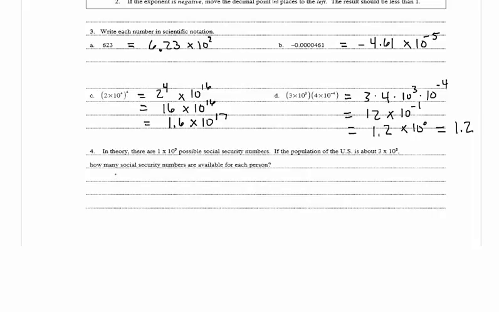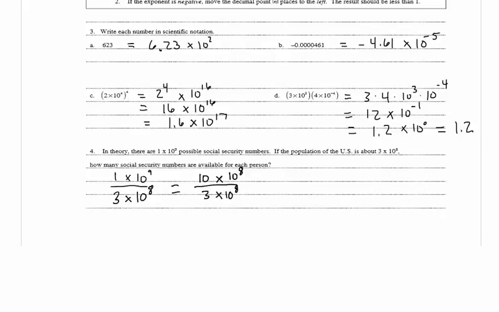So we have 1 times 10 to the 9th divided by 3 times 10 to the 8th, and we can rewrite this as 10 times 10 to the 8th divided by 3 times 10 to the 8th.